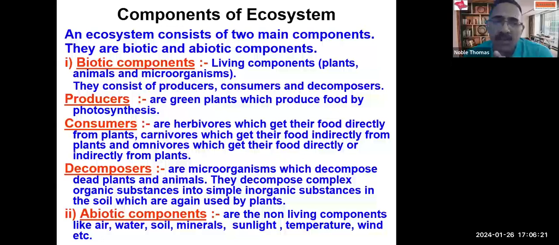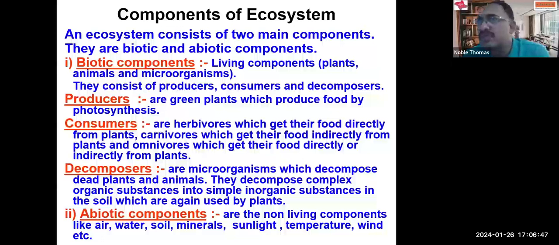Biotic components can be divided into three major categories based on the roles they are doing. Producers are those organisms which can convert light energy, majorly, into chemical energy, and they produce a lot of food in nature which can be consumed by other organisms.